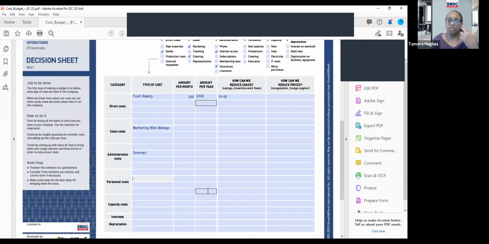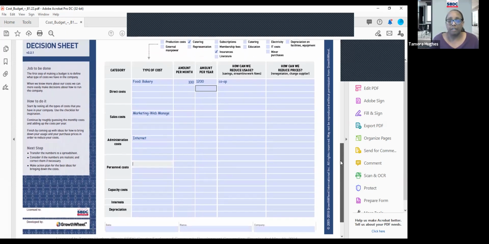This worksheet helps you to think things out, start thinking about how much you're going to have to spend within operations, the capacity, that's your rent, things like that, your heat, your electricity, all of that, your IT costs, and then those overdraft fees that we talked about, those bank fees, and that kind of thing. And then anything related to depreciation of equipment, the facilities, and things that you have.